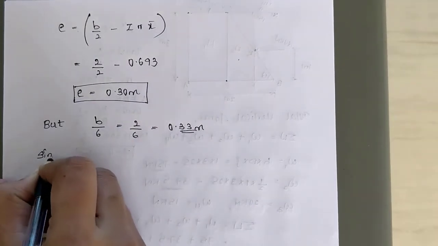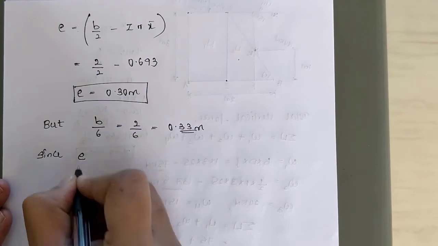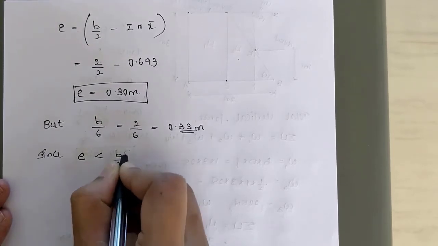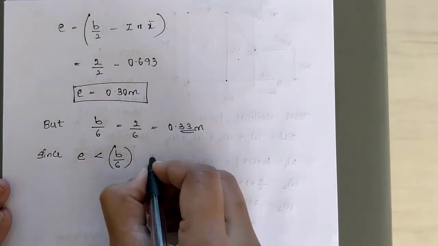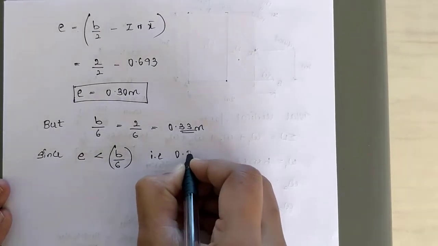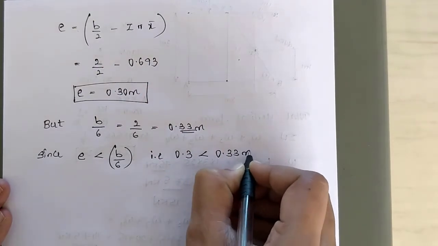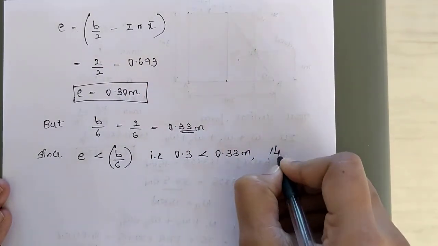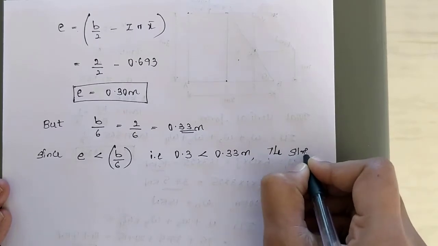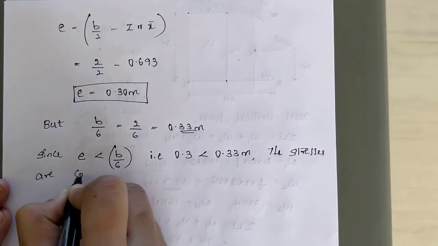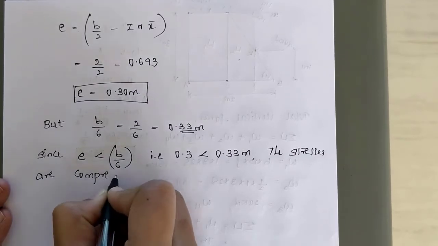Since eccentricity E is less than B by 6 ratio, that is 0.3 is less than 0.33 meter, the stresses are compressive in nature.